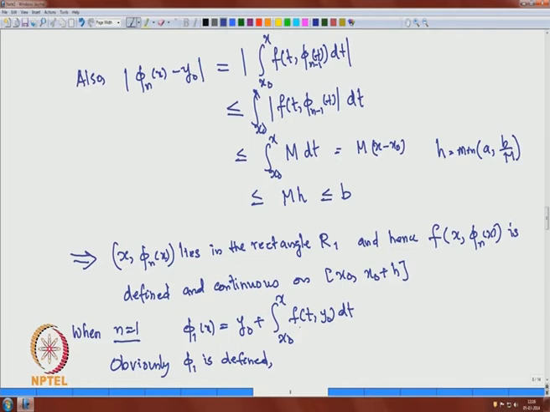Therefore phi 1 is defined and has a continuous derivative on x 0 plus h.